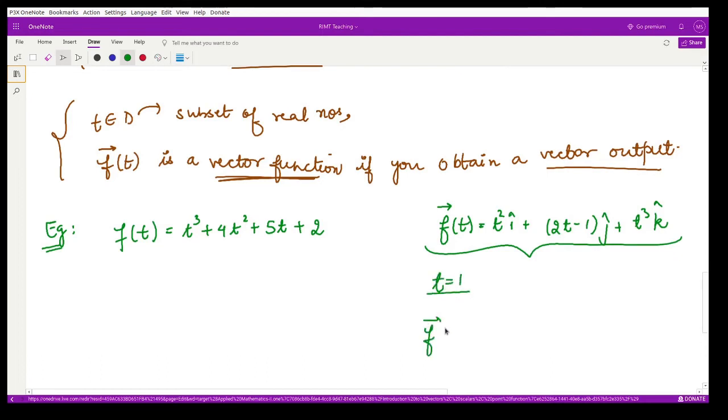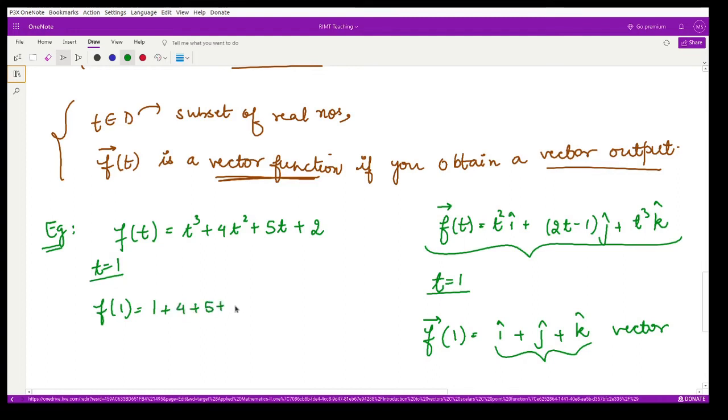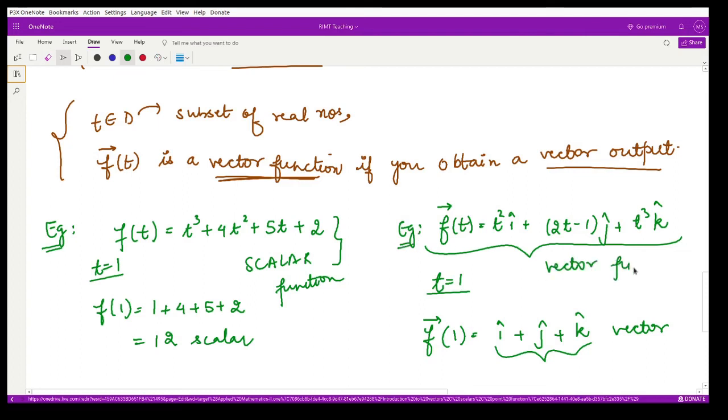Then f of 1 would be i cap plus j cap plus k cap. Now what is this? This is a vector quantity. And if you input the same t equal to 1 into the first function, you will obtain 1 plus 4 plus 5 plus 2, which is equal to 12, which is a scalar. So that means the first is a scalar function, and the second function is a vector function. So this is how you define scalar and vector functions.